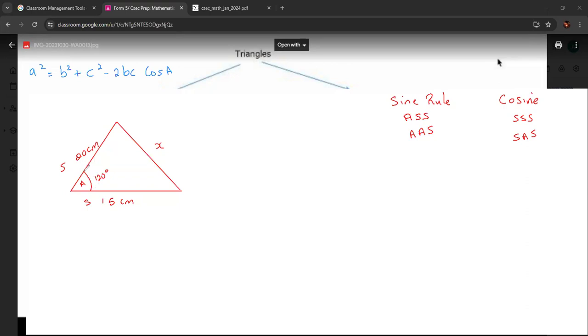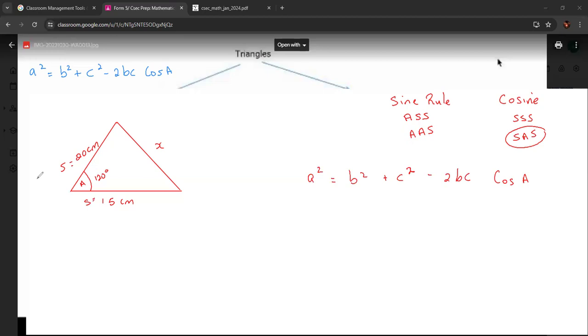So because the angle is in between the two sides given, we're going to use the cosine rule, which is a squared is equal to b squared plus c squared minus 2bc cos of A.